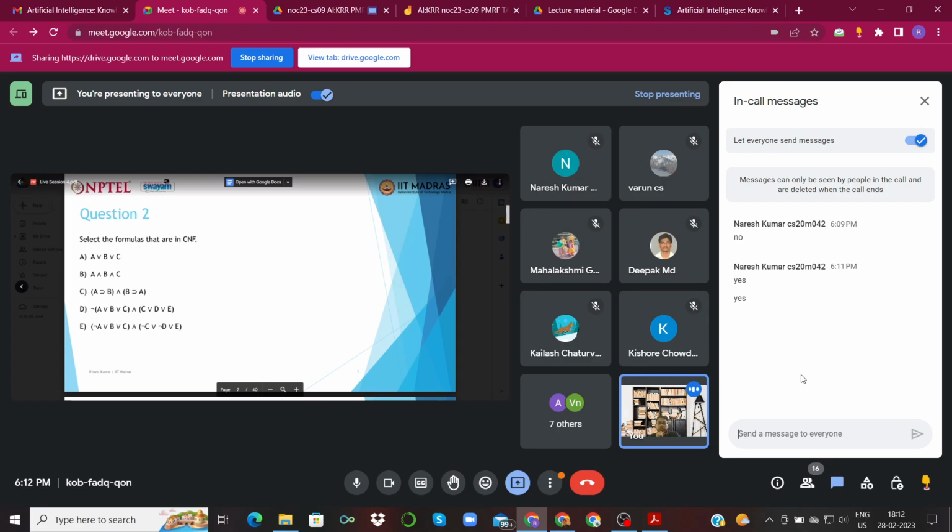So option C is not in CNF, right? Because it's not in the proper form that is the definition of a CNF. We may or may not be able to convert it to a CNF form, but that is a different question. Right now, the form that is given to us in option C is not in CNF, right?